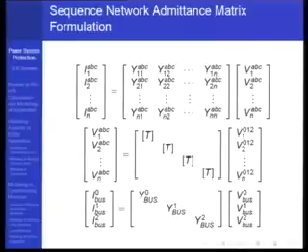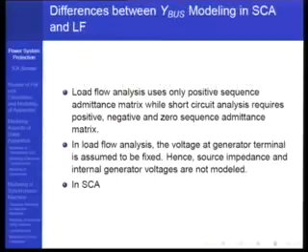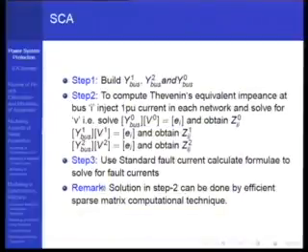So I bus 0 would correspond to the ith column of the identity matrix, and then I will solve this system of equations Y bus 0 into V0 is equal to E_i.